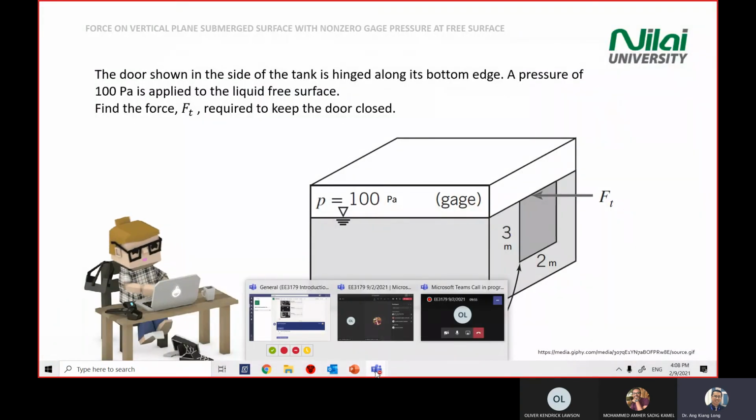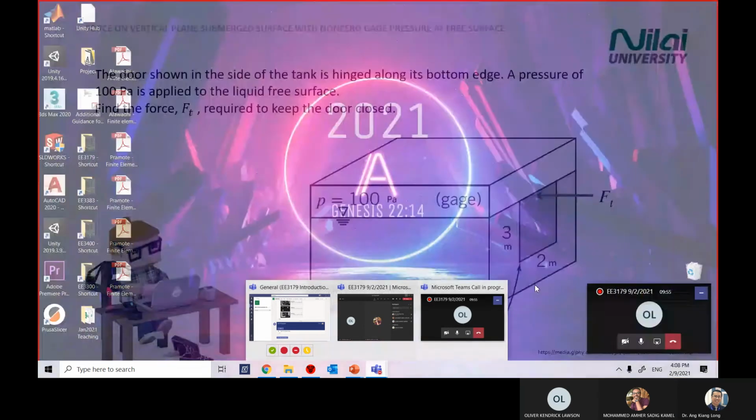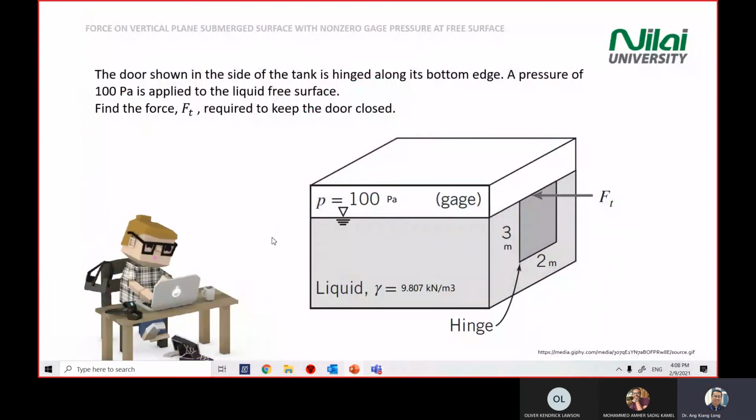All right. This example is the same as your handout tutorial chapter 2, question number 18. So today we're going to look at a scenario.